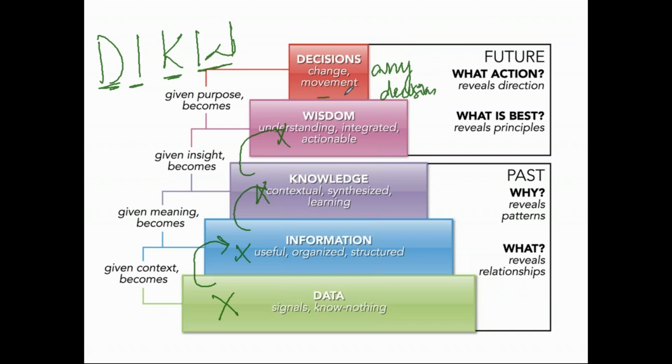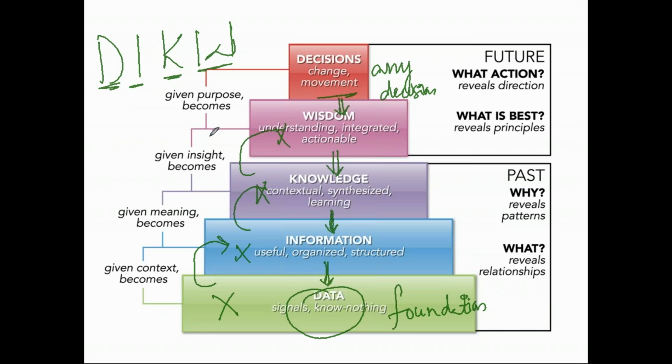So in order to make a decision, we definitely need wisdom, and that is always acquired through knowledge, which in turn is acquired by churning the information, and information is always the result of processing your data. So data proves to be the foundation of this DIKW model: data, information, knowledge, and wisdom.